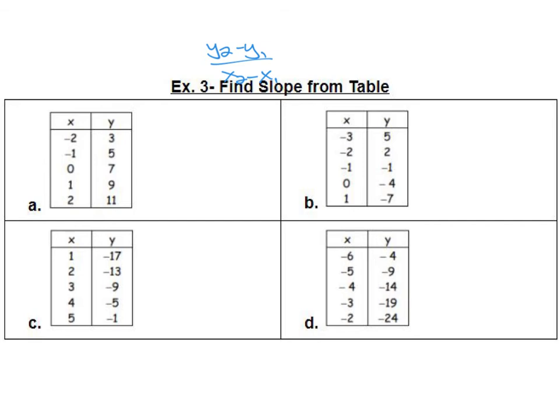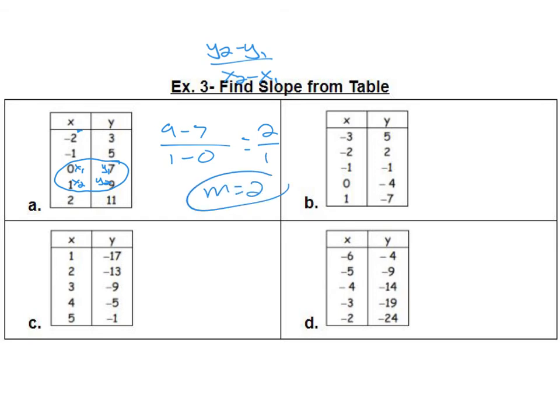If we see these negatives, I would maybe try to avoid those ones up there and go with these 2 in the middle, where we can call that y2, x2, and x1, y1. And if we plug them in and say 9 minus 7 over 1 minus 0, we're going to see 2 over 1, so our slope is 2.